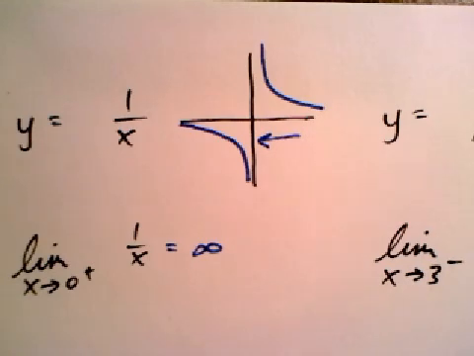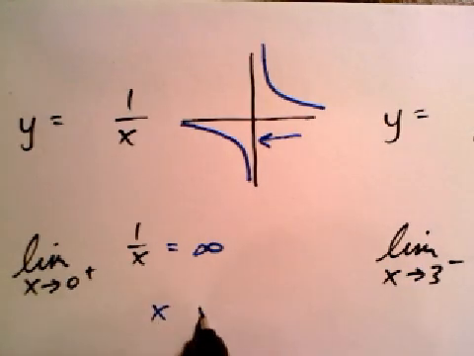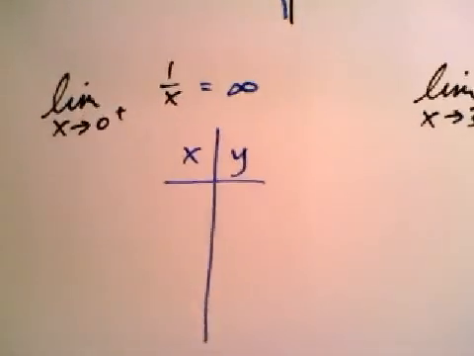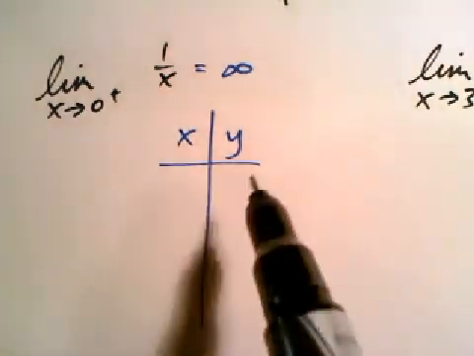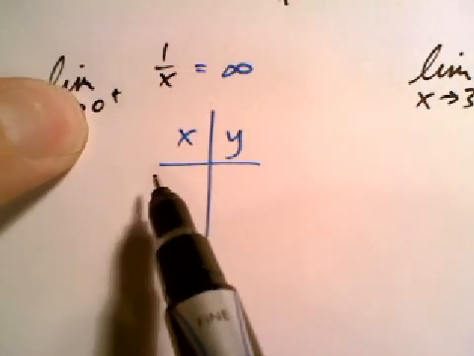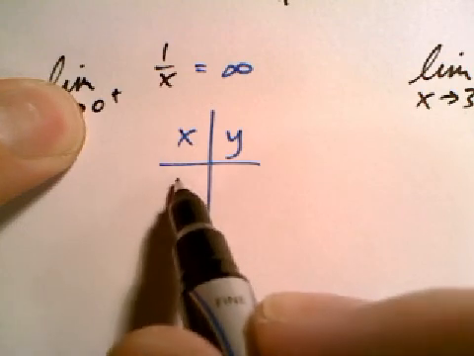Now, to camp out on that for a little while, just to help you understand why that is happening, if you make an xy chart, and if you really think about this function 1 over x, if you replace x with values that are getting increasingly smaller but positive, let's say we start with 1.